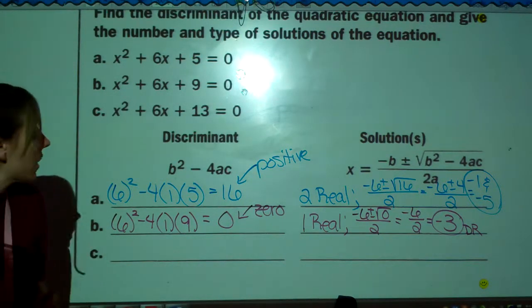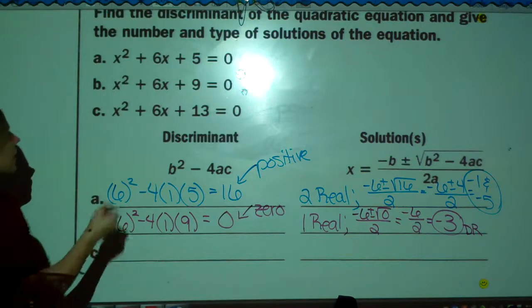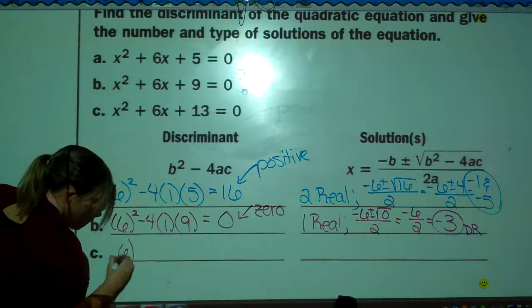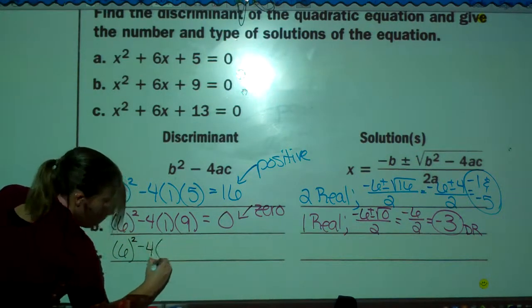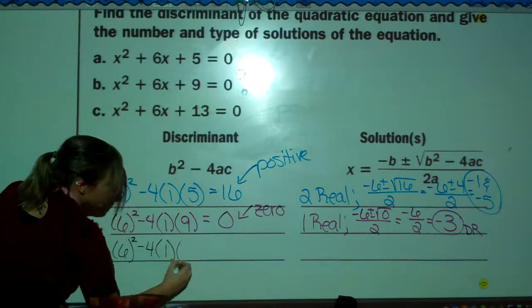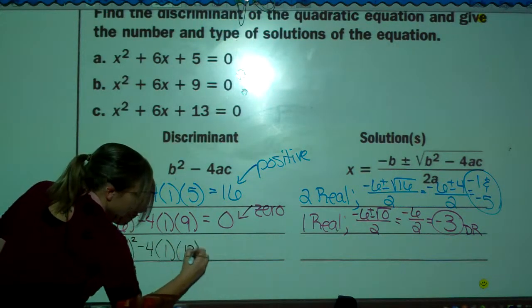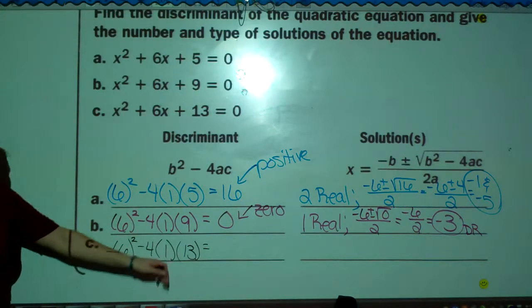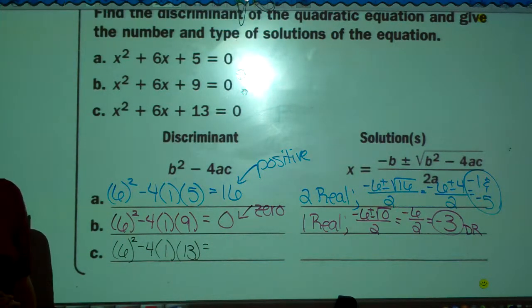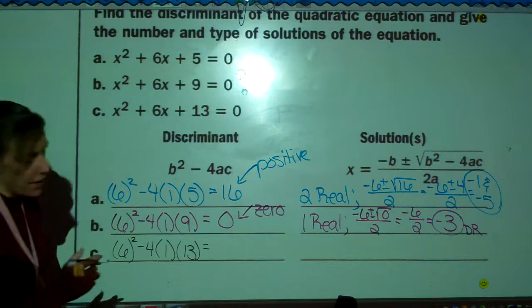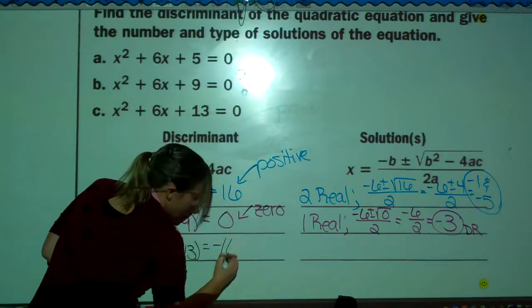And then the last one, you can probably guess it. 6 squared minus 4 times 1 times 13. So that's 36 minus, I don't know 13 off the top of my head, but it is a negative 16.